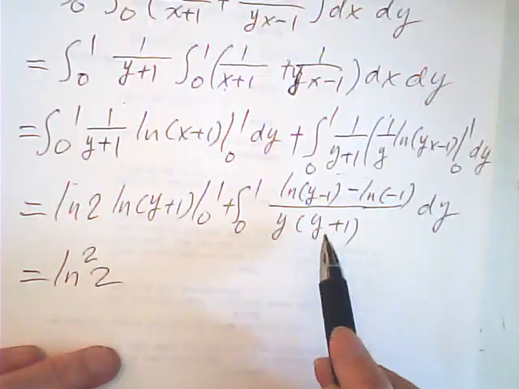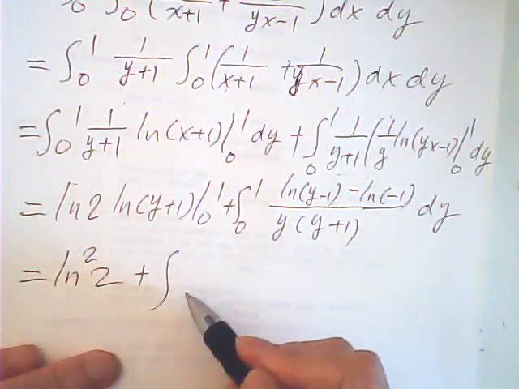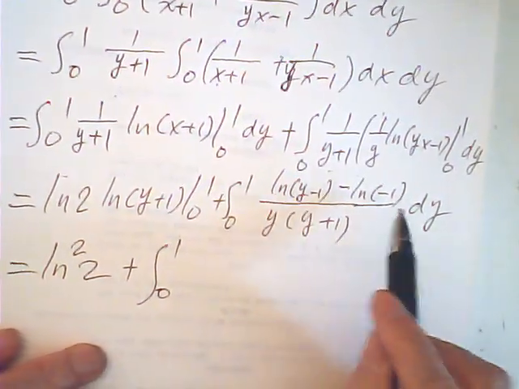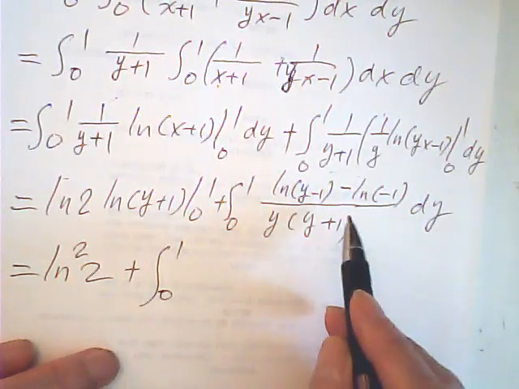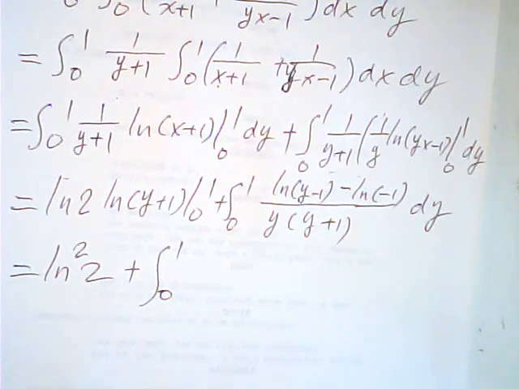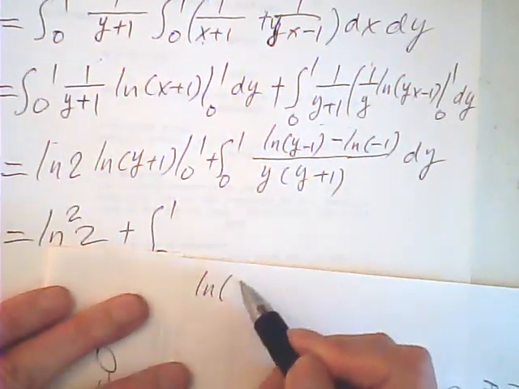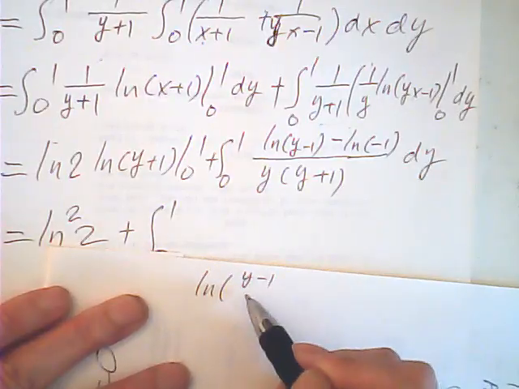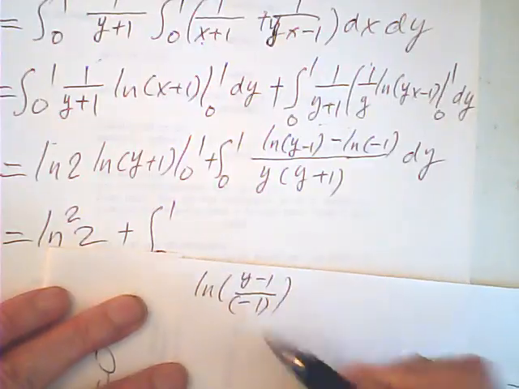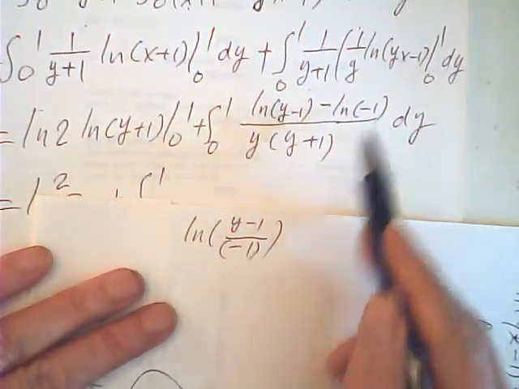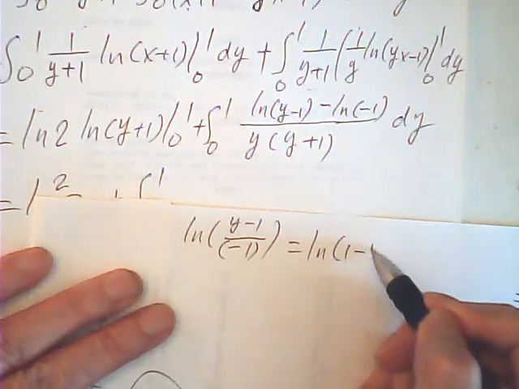Now this one, I have to solve the problem of the negative one here. This is log of y minus 1 over log of minus 1, which could be written as log of 1 minus y, since this is log of 1 minus 1.